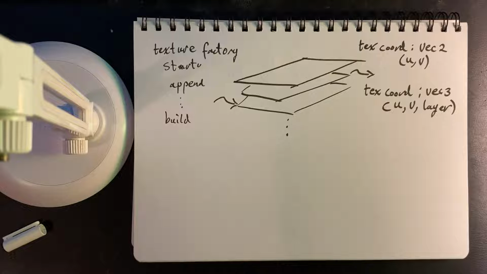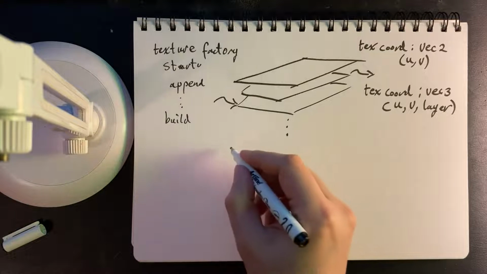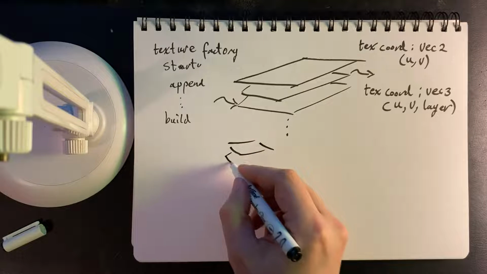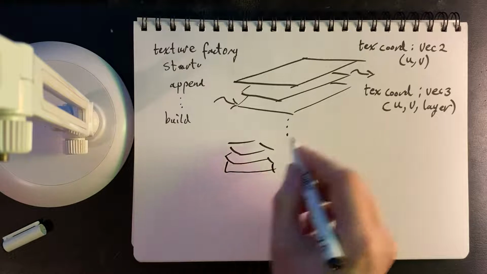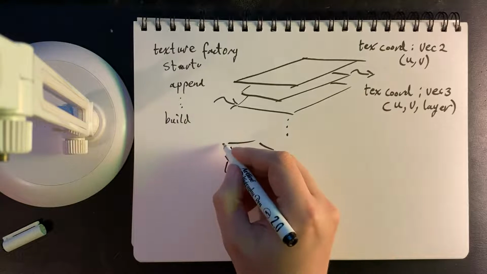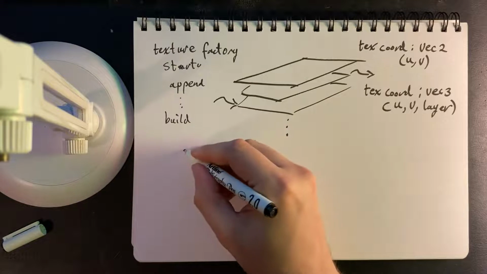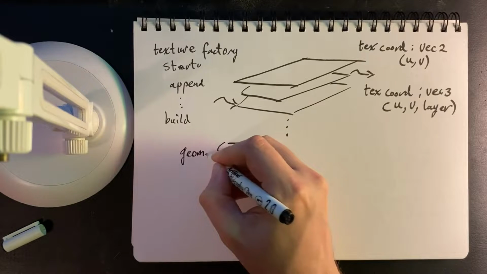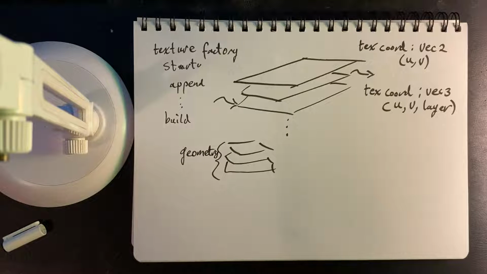Now, again, what are the use cases for this? Well, one use case is that, remember, we loaded in a whole bunch of static geometry, and each of those models might have their own texture. So what we could do is load in a whole bunch of this and say, this is the geometry. And then when we draw, just go, hey, bind the geometry textures, do that bind call once, and then draw everything we need.